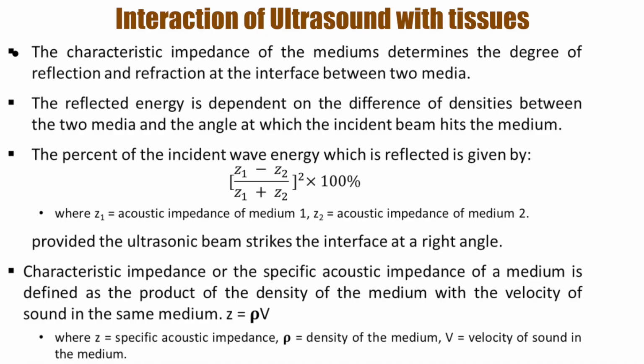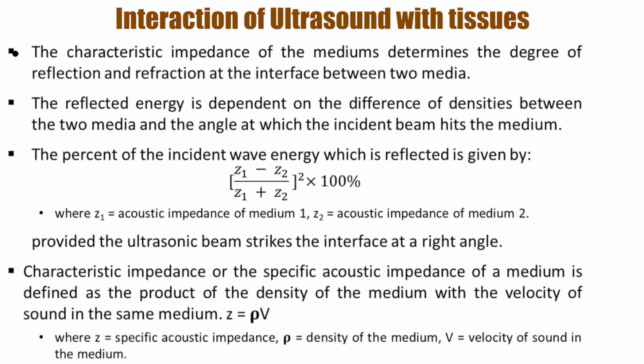The characteristic impedance of the mediums determines the degree of reflection and refraction at the interface between two media. The reflected energy is dependent on the difference of densities between the two media and the angle at which the incident beam hits the medium.